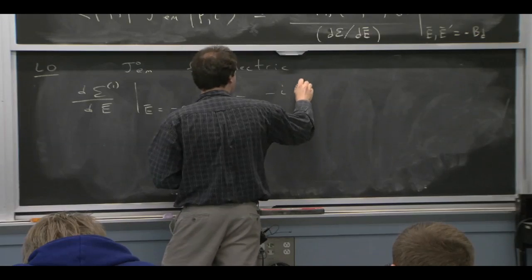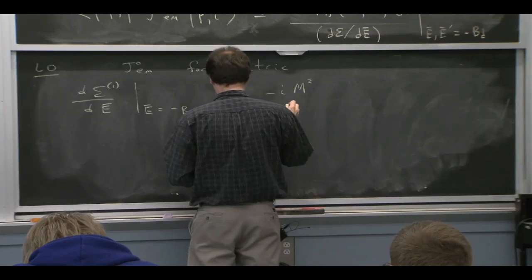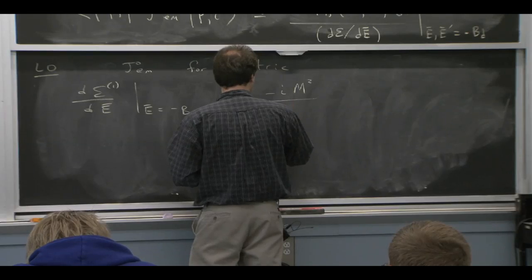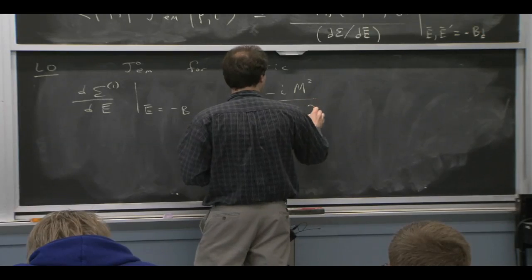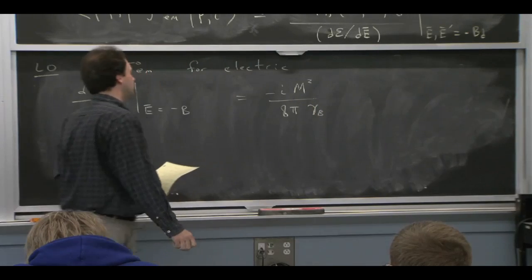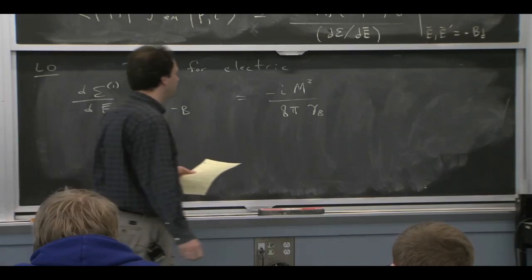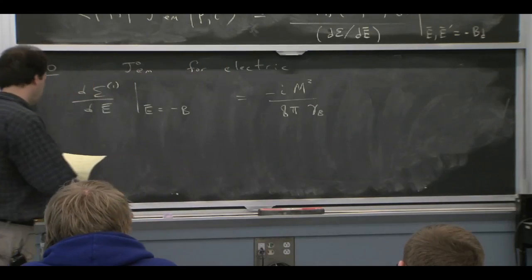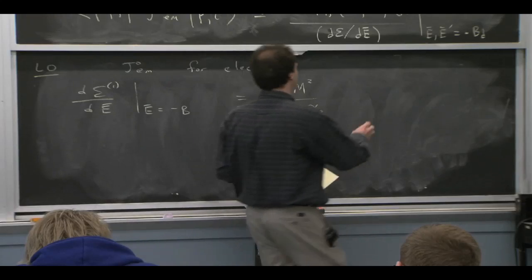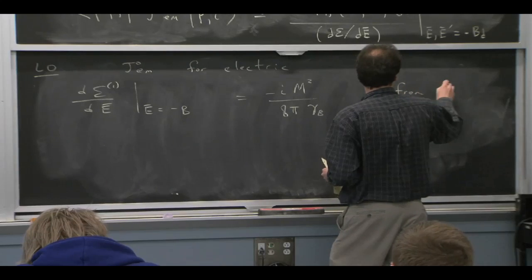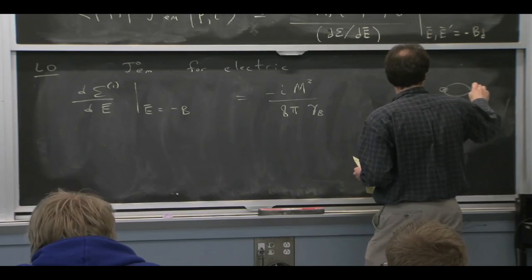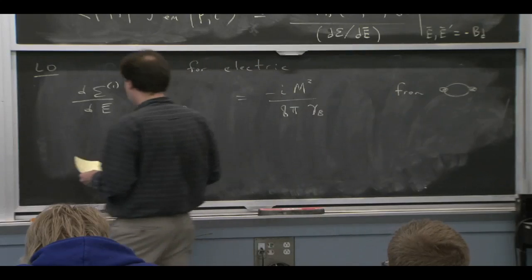When I go to the pole, it's just this factor, where gamma B would be set equal to exactly the binding energy. So that's just from the trivial diagram.